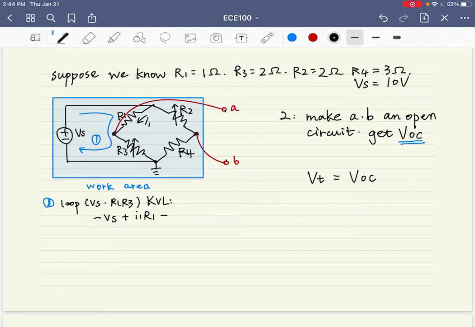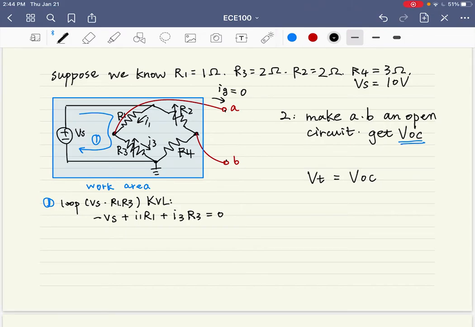We can use all the methods we learned, like voltage or current division, node voltage analysis, or mesh current analysis if you can draw it in a planar fashion. Here I will use voltage division because that is already enough to solve the problem.